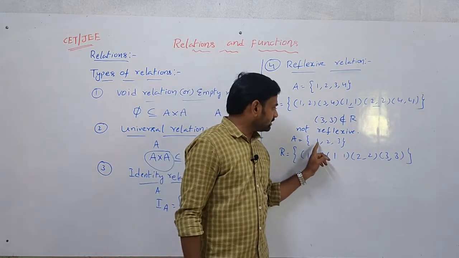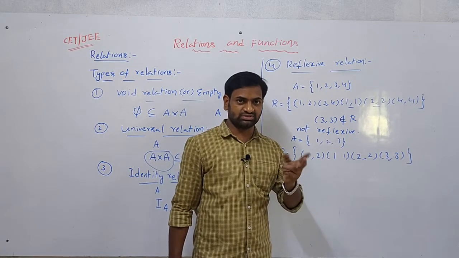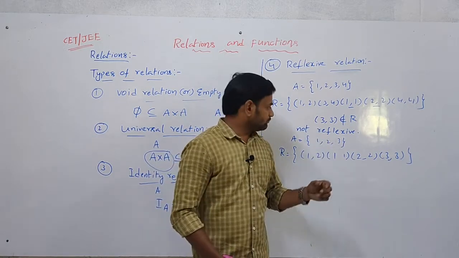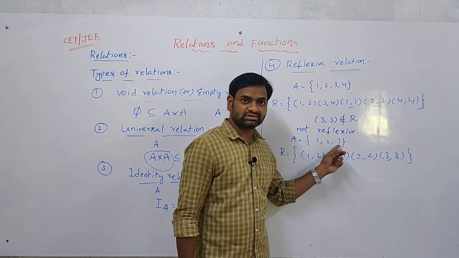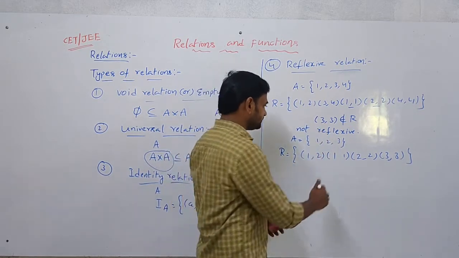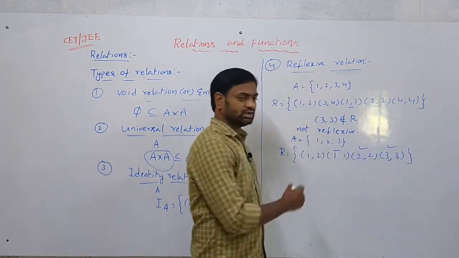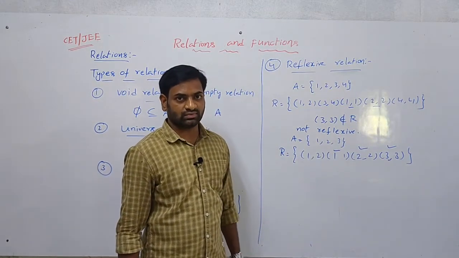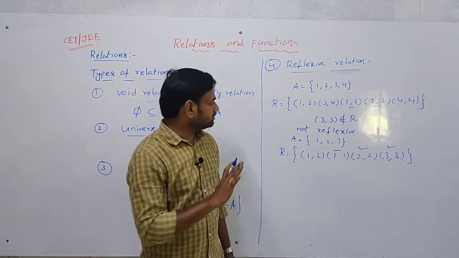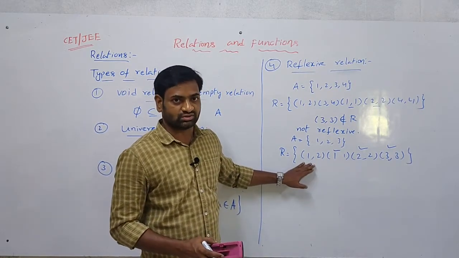In the given set, however many elements are there, that many ordered pairs should be in the relation. Like identity: if you have 1 then (1,1), if you have 2 then (2,2), 3 then (3,3). See here (1,1) is there, next (2,2) is there, next (3,3) is there. So it is a reflexive relation. In these 3 ordered pairs, if any one is missing, it is not a reflexive relation.